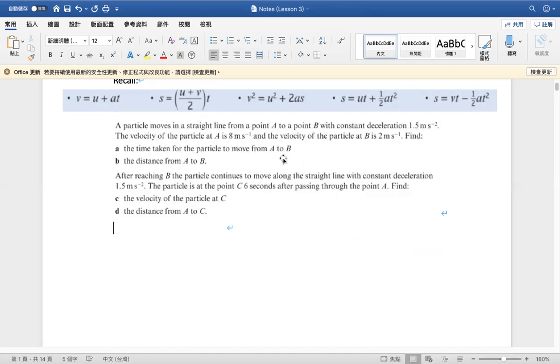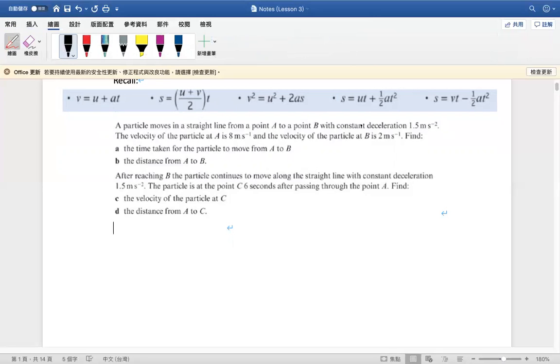First of all, we have a new term here, which is called deceleration. So basically deceleration means negative acceleration.